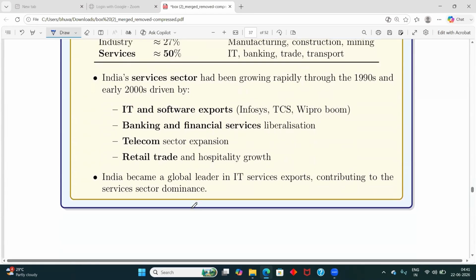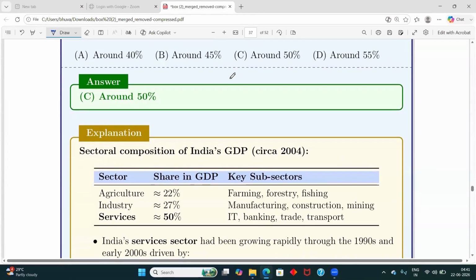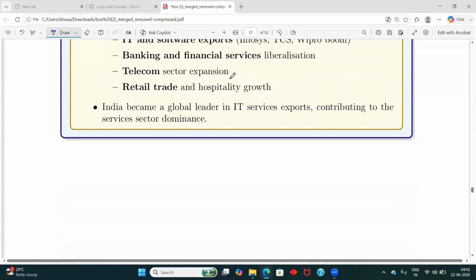So India become a global leader in IT service export, contributing in the service sector dominance. So correct option is option number B, around 50% in GDP, service sector contribute share.